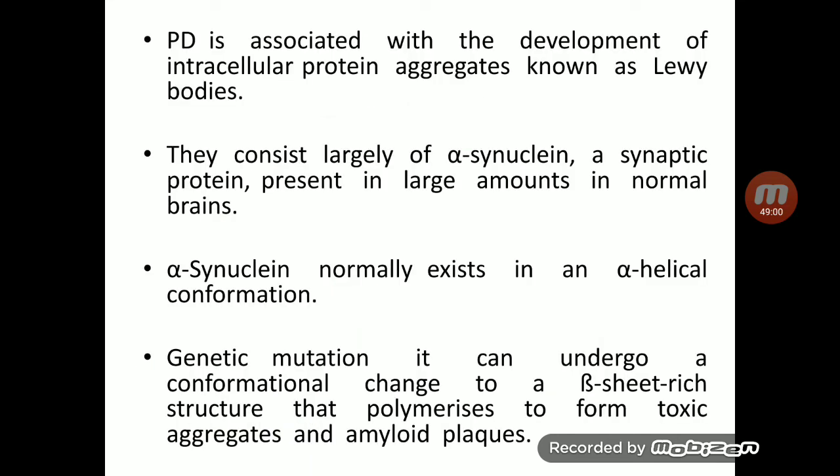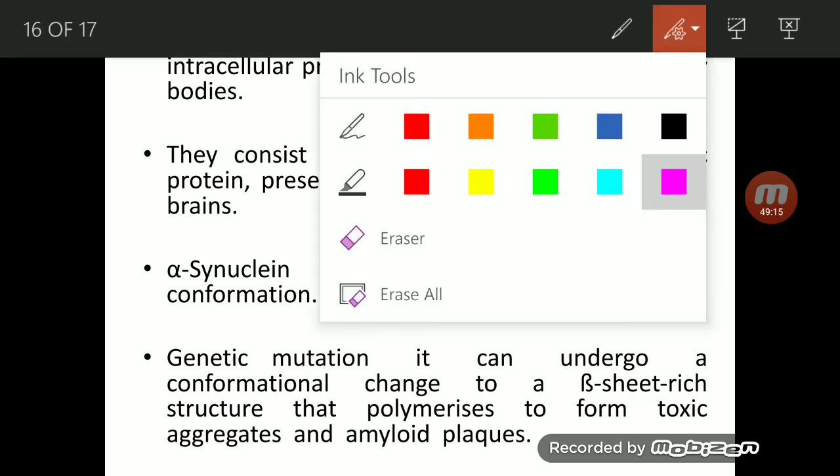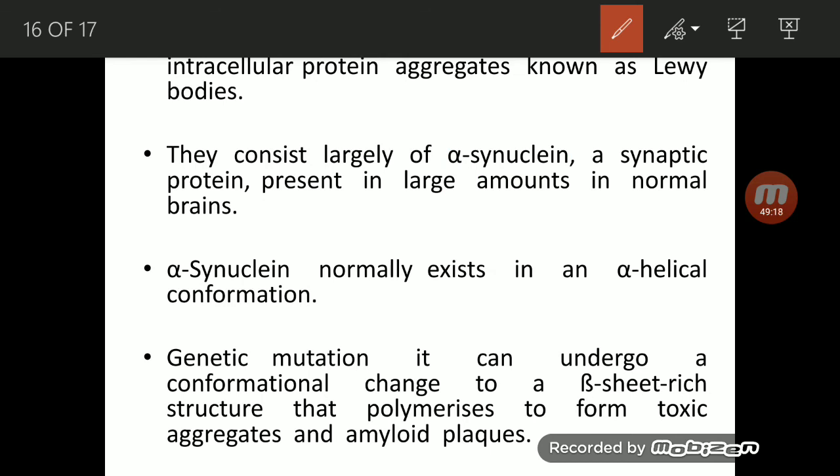Apart from that, in case of Parkinson's disease, there is also intracellular protein accumulation of Lewy bodies. Generally, your Lewy body consists of a large protein, alpha synuclein. Alpha synuclein is a synaptic protein normally present in high amounts in your brain, and it has been seen that it has some function in signal transduction as well.